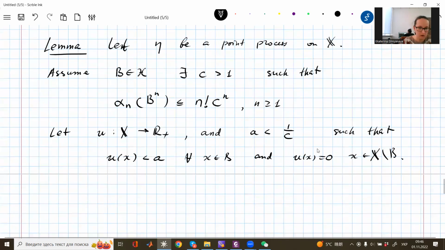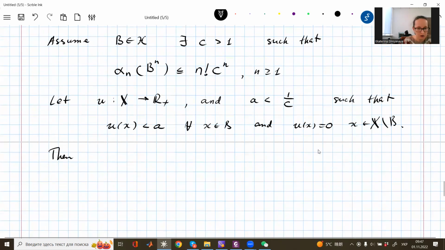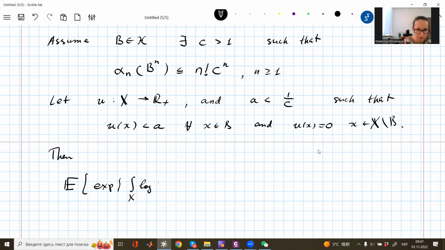Then we will have the expectation of the exponent, also here, integral over x of the logarithm of 1 minus u of x.